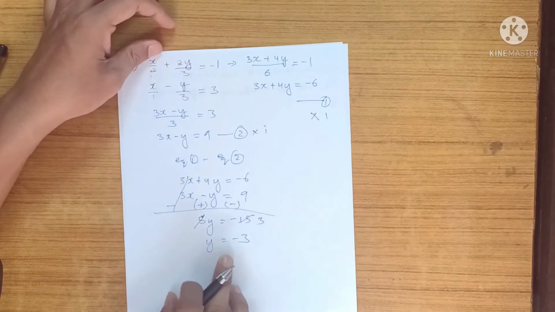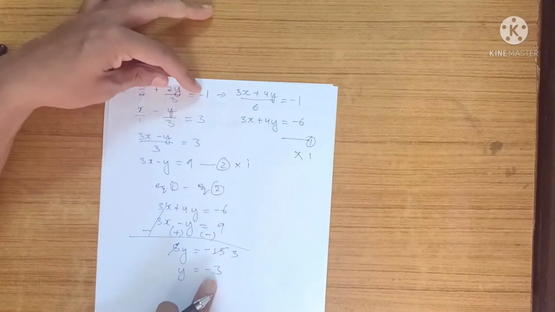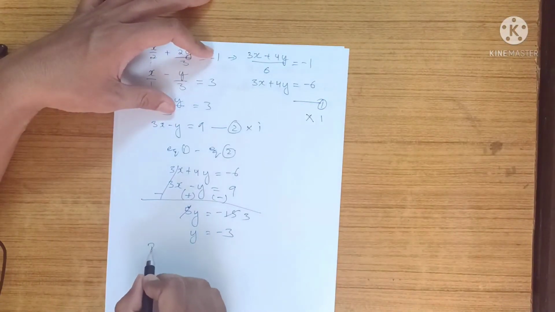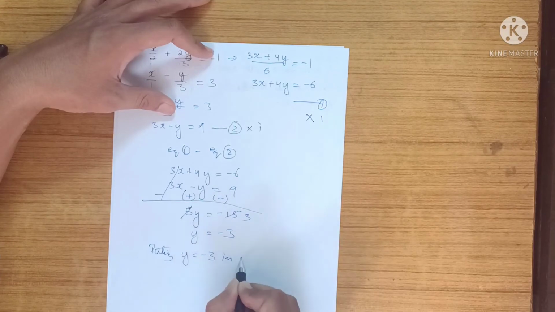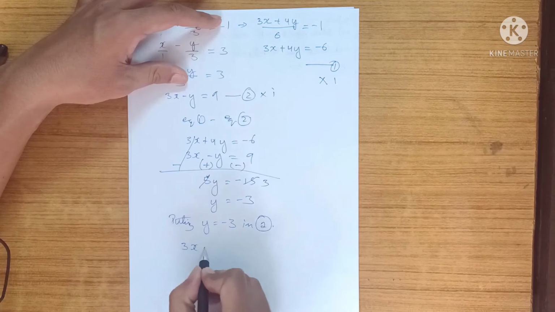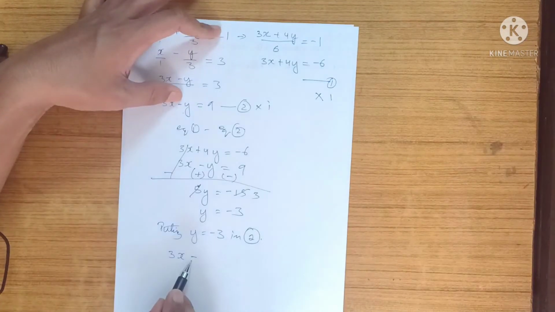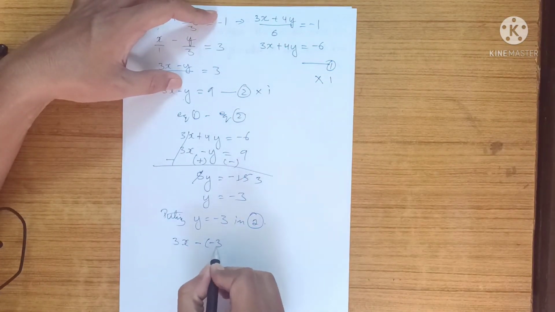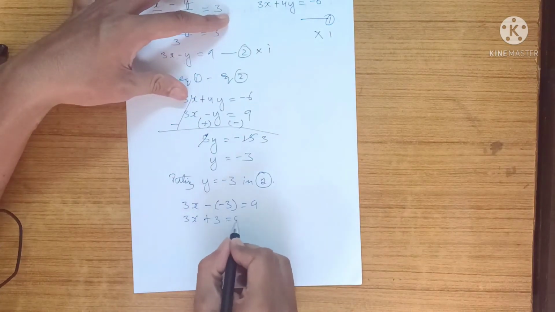We can put minus 3 in any of the equations, it doesn't matter where you put it. I'll just put it here. Putting y equal to minus 3 in equation 2: 3x minus y, and instead of y I'm going to put minus 3. 3x minus minus 3 becomes plus 3.